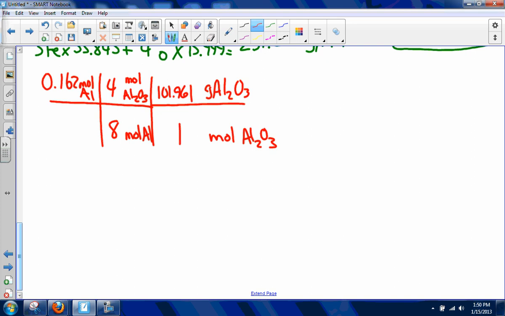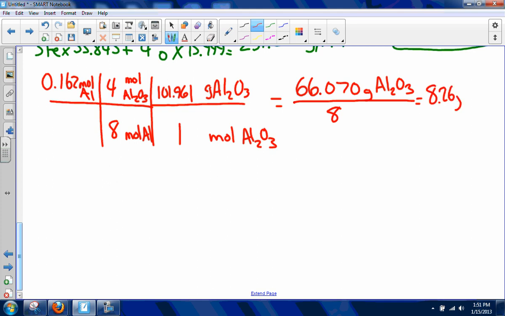All right, multiply straight across on the top. And we're going to divide by 8 on the bottom. 8.26 grams of Al2O3.